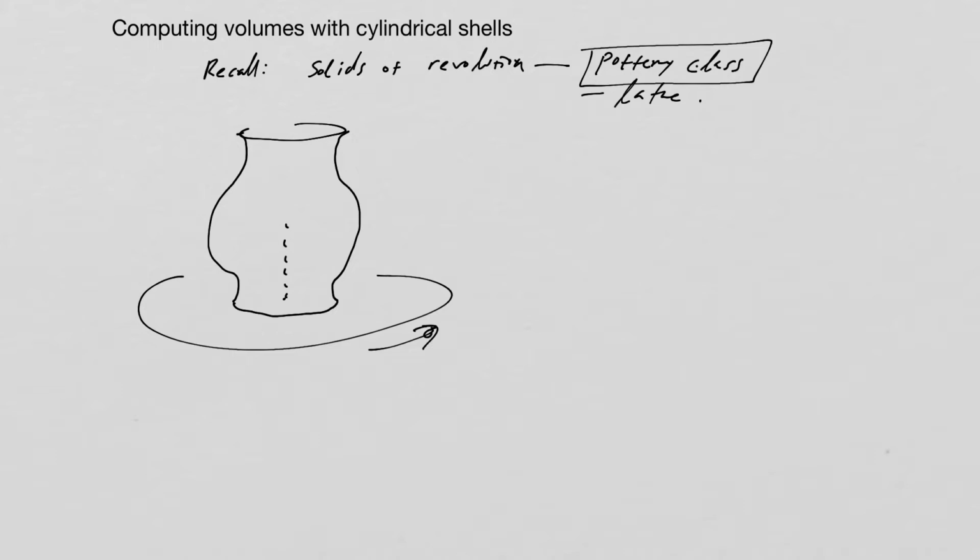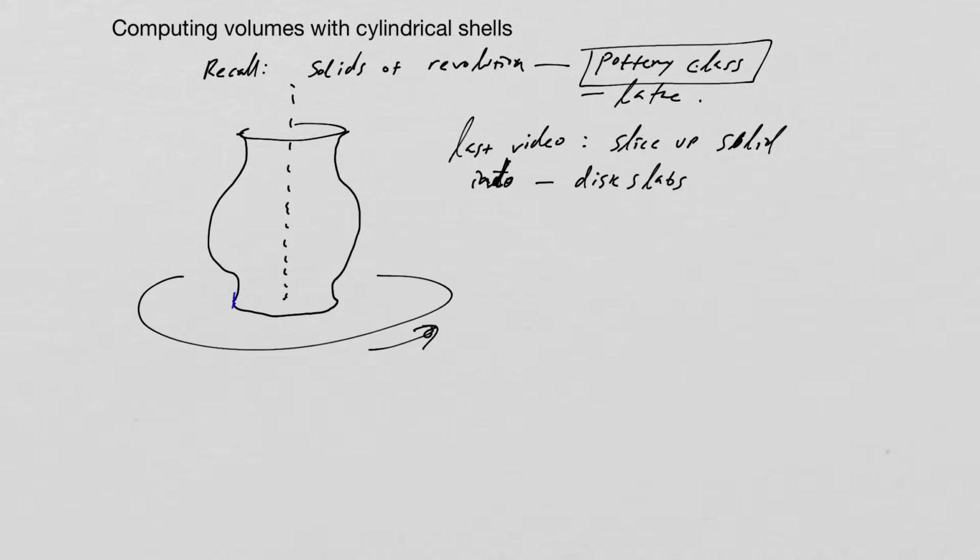And then there'd be an axis. In the last video, we talked about the idea that we could slice up the solid into little slabs, little disc slabs.